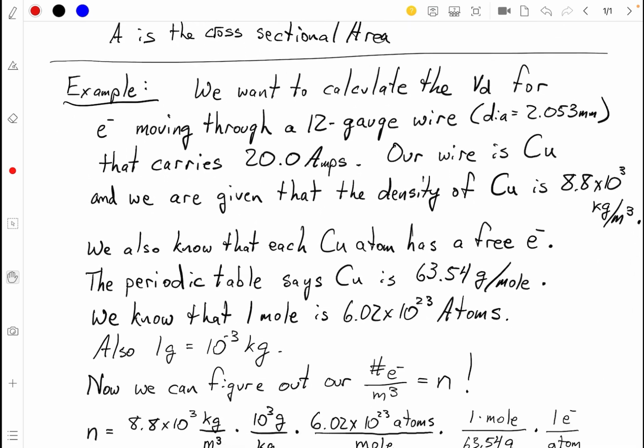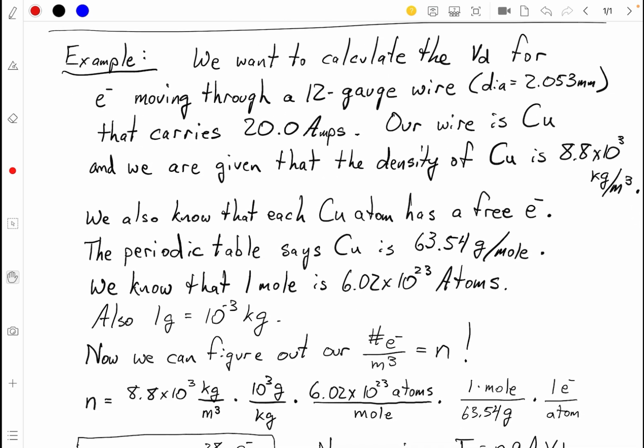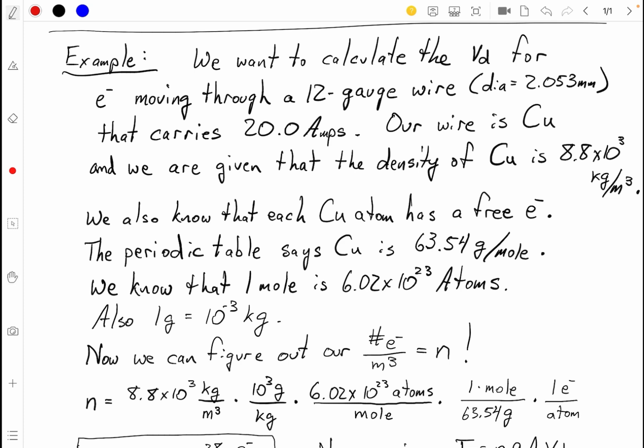So an example. Now, this is a little bit complicated. We want to calculate the drift velocity for electrons moving through 12-gauge wire, and it carries 20 amps. So our wire is copper, and we're given that the density of copper is 8.8 times 10 to the 3 kilograms per meter cubed.